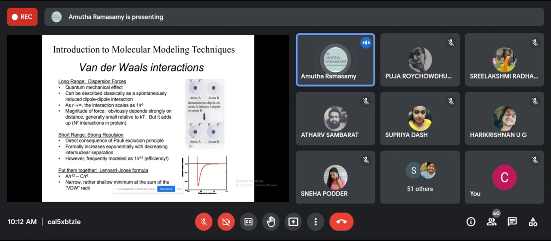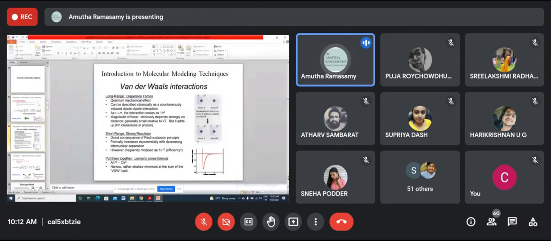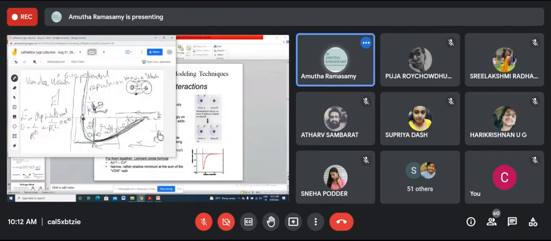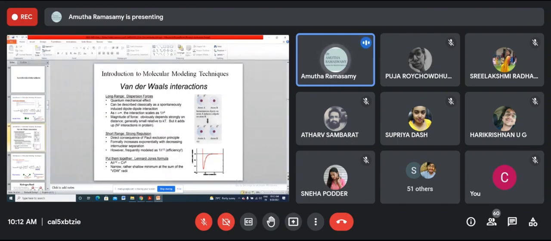The long-range dispersion. We say van der Waals is also a dispersion force. It can be described classically as a spontaneously induced dipole-dipole interaction. Why is it a spontaneously induced dipole-dipole interaction? Because here the charge distribution or the charge repulsion depends highly on the position R. So according to the R, the charge distribution happens.